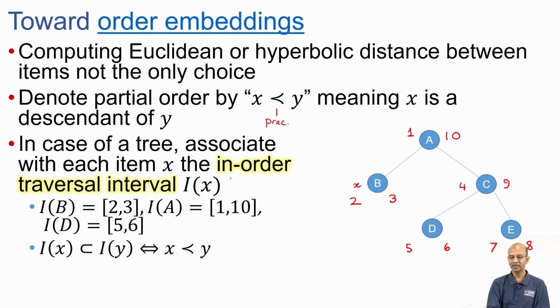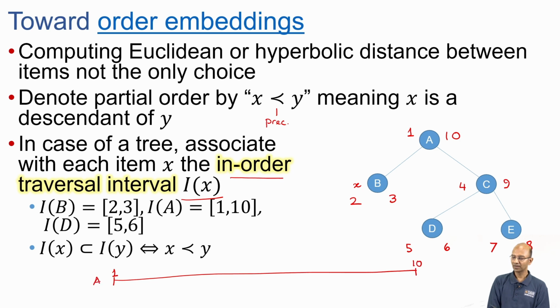This is called an in-order traversal, and it gives every item x an interval I of x. So, let us plot it on a number line. Our interval a will now occupy the interval from 1 through 10, that is our a. Under it, b will occupy the interval 2 to 3, but c will occupy the interval 4 through 9.